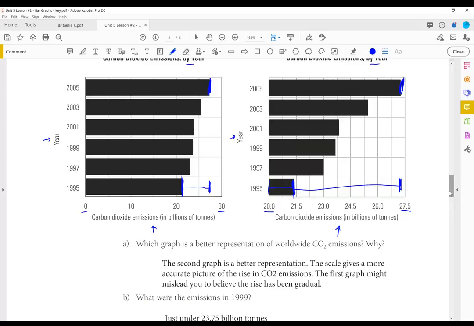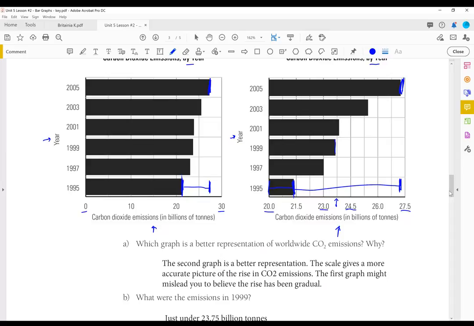Okay, so if we look at both graphs, the second one will be more accurate. It'll give us a more accurate depiction of what that number actually will be. And what we have to do is look at 23.0 and 24 and a half. Here's my data point for 1999. I'm almost directly halfway between 23 and 24 and a half.